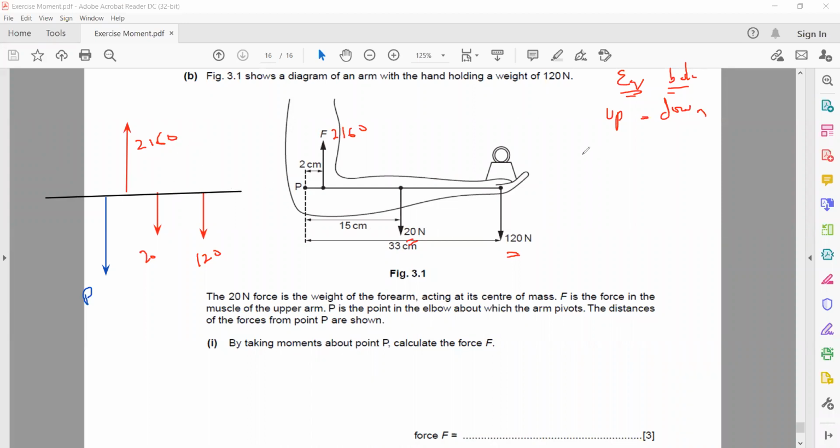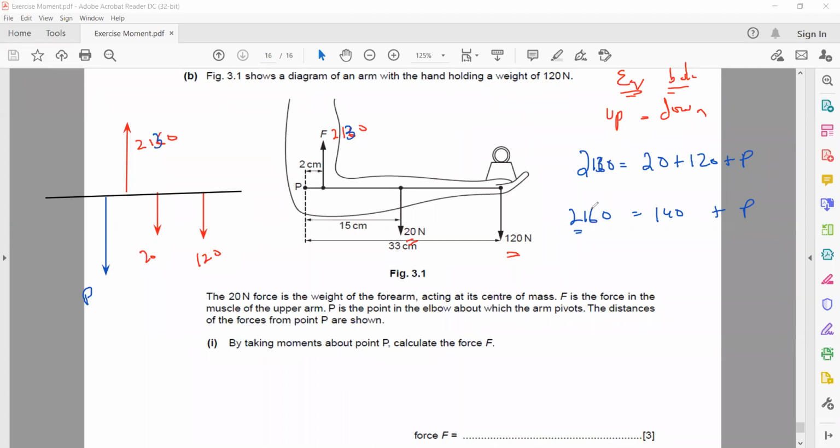So the total upward force is 2160 and the total downward force is 20 plus 120 plus P. So 2160 equals 140 plus P. This 140 will move to the other side. I think it was 2100, and that value was 20 multiplied by 15 plus 120 multiplied by 33, divided by 2. Yeah, that was 2130.